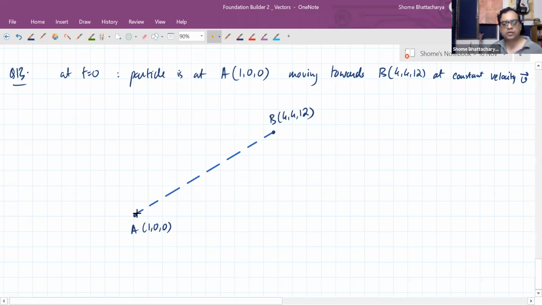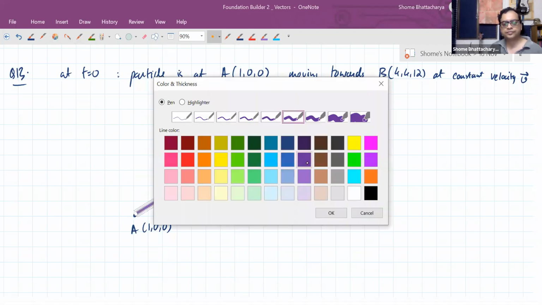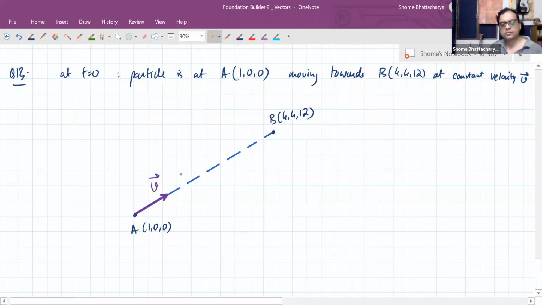So the particle's velocity will be a vector like this. This will be the velocity. So given the magnitude of the velocity, that is the speed, is 65 meters per second.